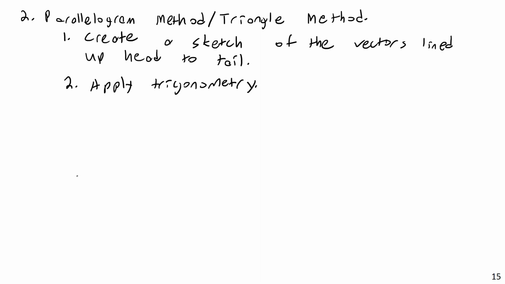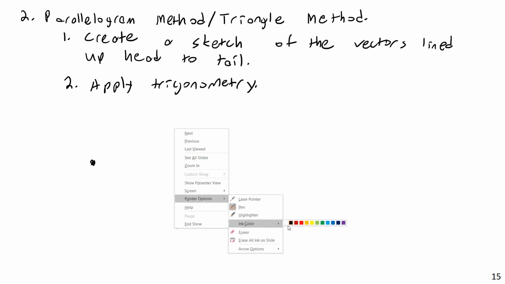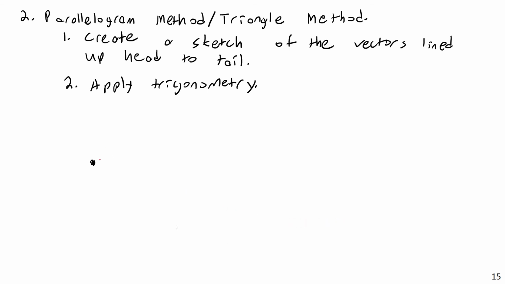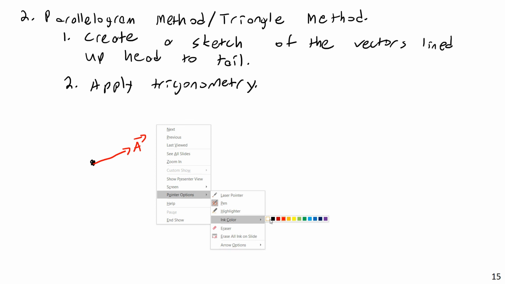So, for example, let's say you have two different vectors, A and B, acting on a single point. So you have vector A, and I'm going to illustrate why this is referred to as the parallelogram method. A and B. I should probably also put step 3 here.